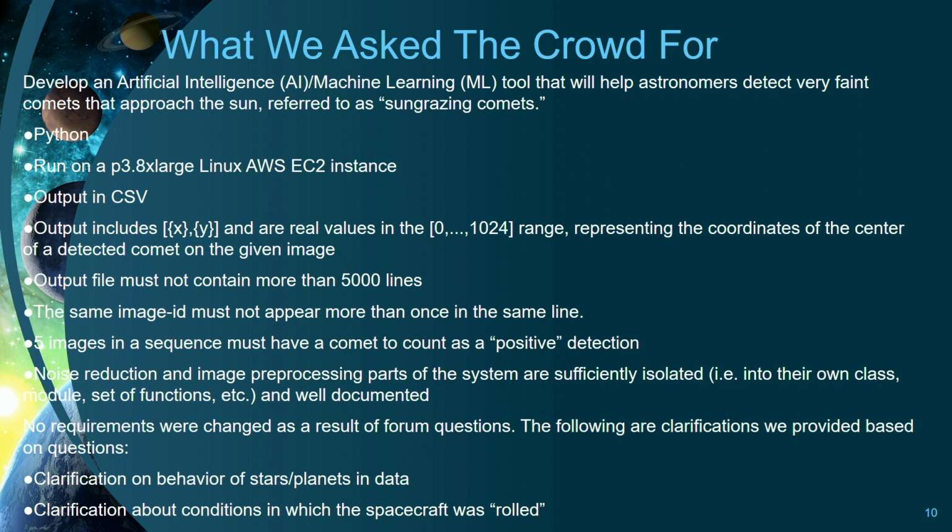It was run on the AWS platform. The output should come as CSV files, and the output should include image ID, X, Y, and real values in the range from 0 to 1024, representing the coordinates of the center of the detected comet on the given image. And the output must contain no more than 5,000 lines.